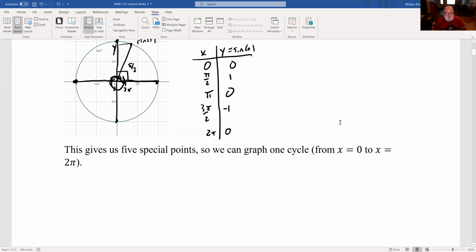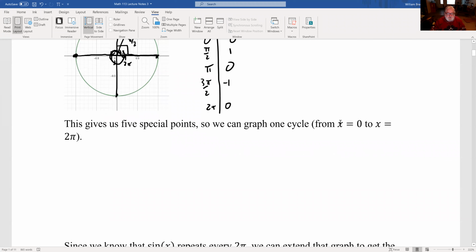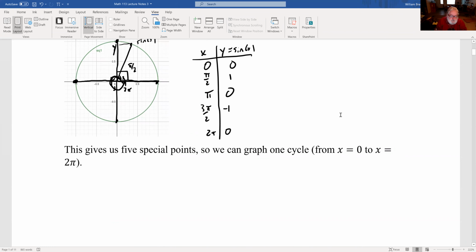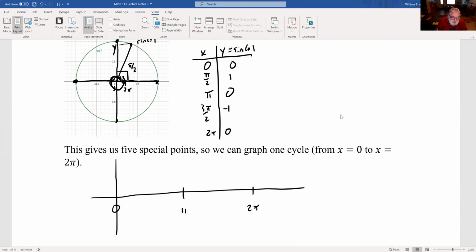So we've got our nice little table, and so we can graph them. These are our 5 special points on the graph. 0, 2 pi, halfway along is pi, halfway there is pi over 2, and if we cut this one in half, we get 3 pi over 2.